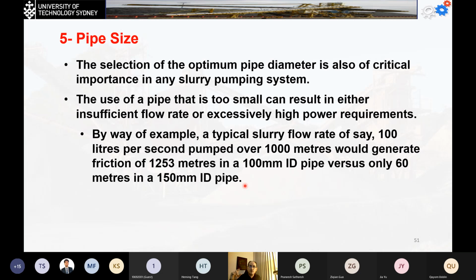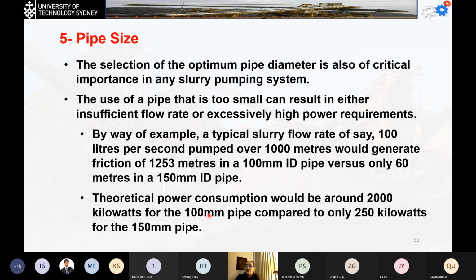It reduces the friction head by how much? 200 times. Theoretical power consumption will be around 2,000 kilowatts for the 100 millimeter pipe compared to only 250 kilowatts for the 150 millimeter pipe.